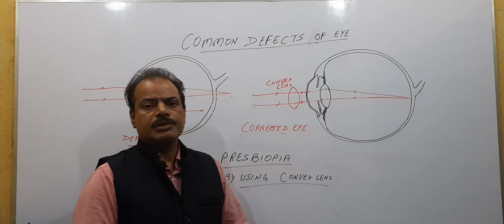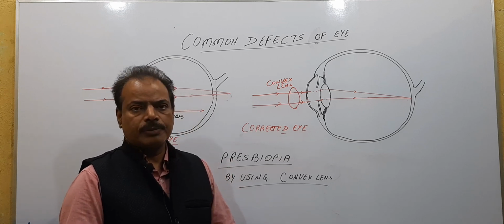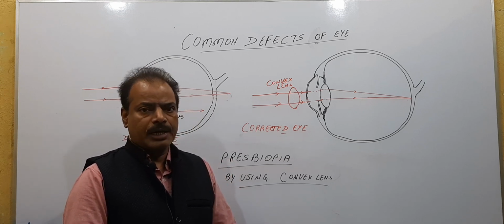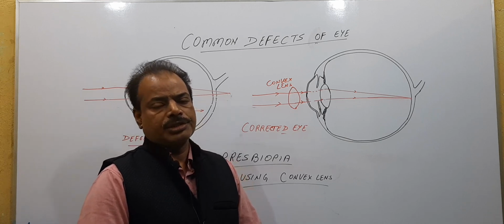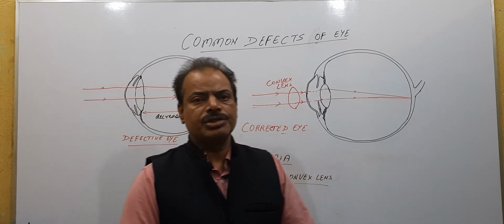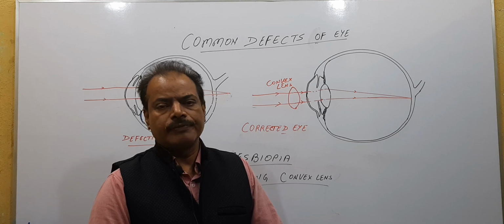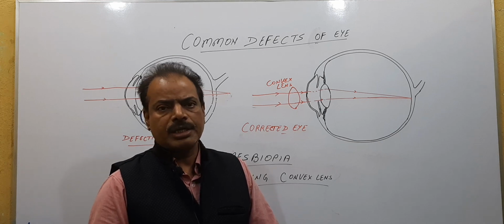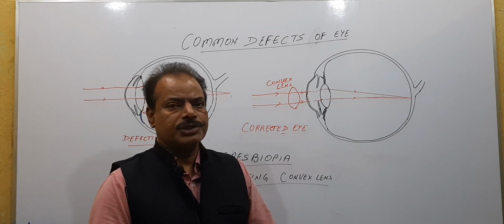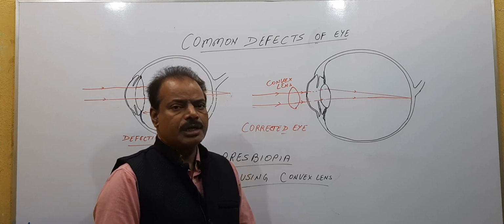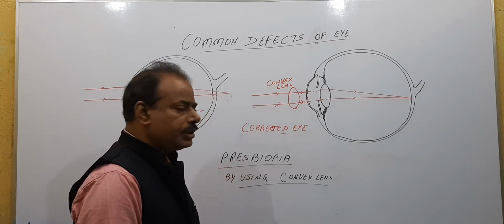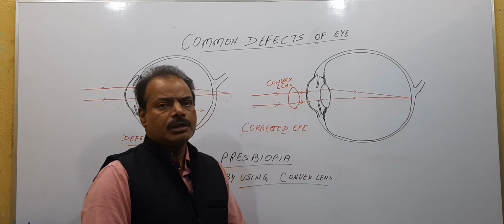So the eye lens becomes opaque and the person can become blind. In this condition, it can be corrected surgically by removing the eye lens and transplanting an artificial lens. It is an old age problem, a degenerative eye defect.